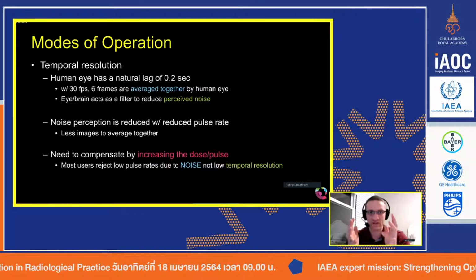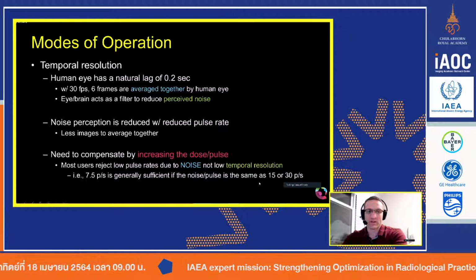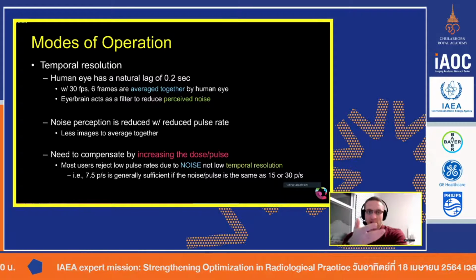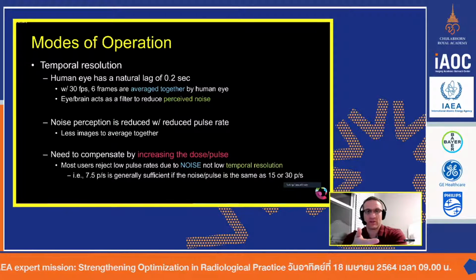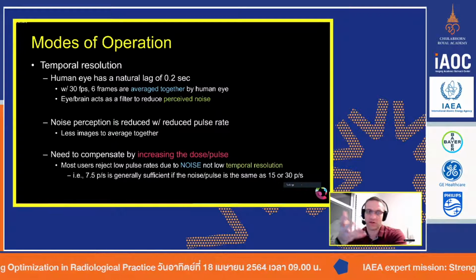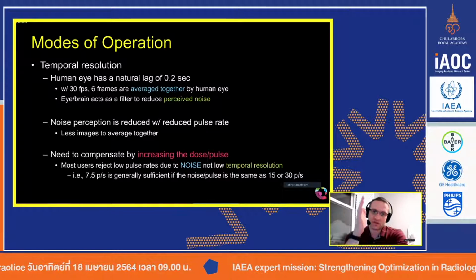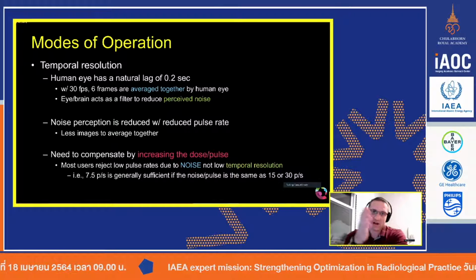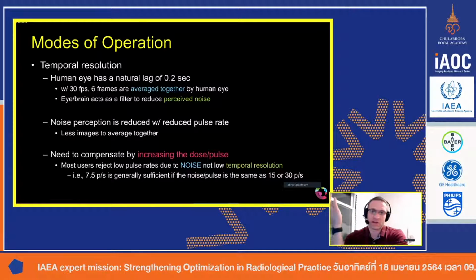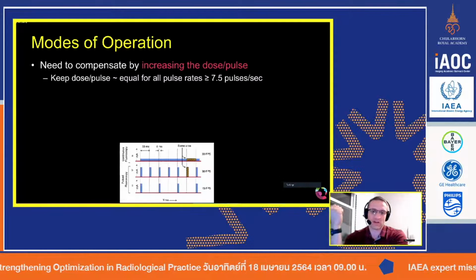It's the noise that prevents them from seeing what they need to see. What we want to do is reduce the number of pulses per second, because it obviously reduces the dose to the patient. If you're only putting in 7 pulses versus 15 versus 30, you're obviously reducing the dose to our patient. But if, as you reduce the number of pulses, i.e. the dose, the image quality goes poorly, then you've done no good, and the doctors will not be able to use that, and therefore you're actually not saving dose to the patient.